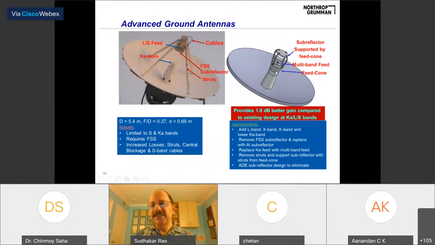But then the feed is tricky. We came up with a multi-cavity type feed system to cover all the frequency bands, and we completed the design. They gave a contract to make 3 feeds, one for 5 meters and 2 for 5.4 meters. So we're in the process of starting the fabrication.